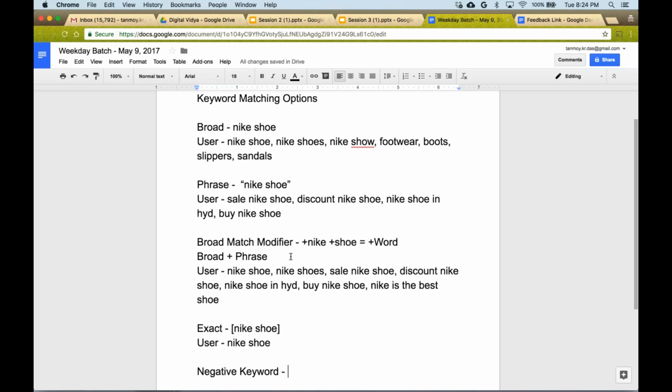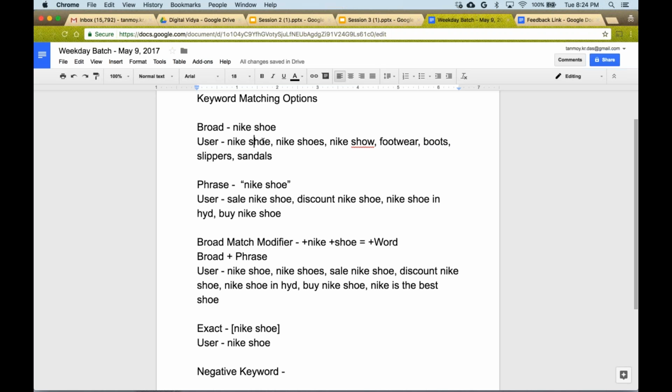Broad match is the first one, the default, the basic one. It says that when a user comes to google.com, and let's say my broad match keyword is Nike shoe, and the user searches for my keyword, or a plural version of my keyword, or a misspelling of my keyword, or synonyms and variations of my keyword, chances are there that the ad might be shown to him or her.